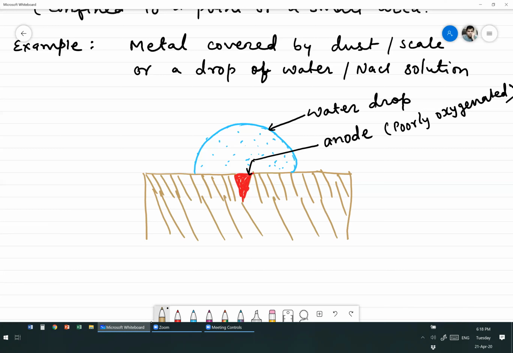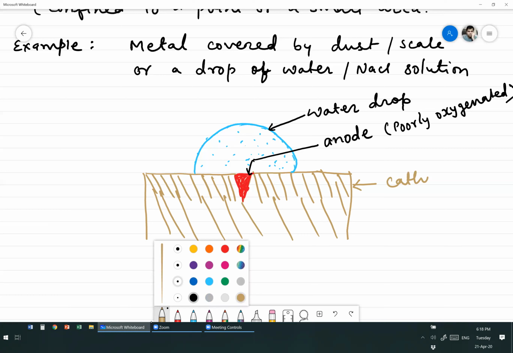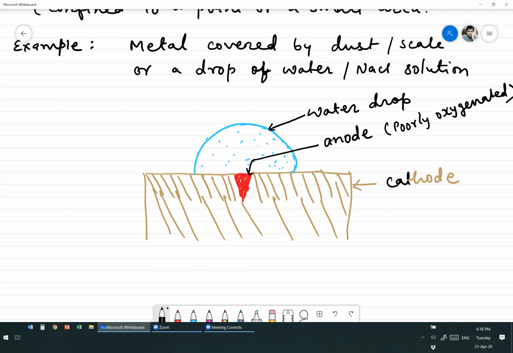The remaining surface of the metal is exposed to the air and it is well oxygenated. That's why it acts as cathode and it has very large area in comparison to anode.